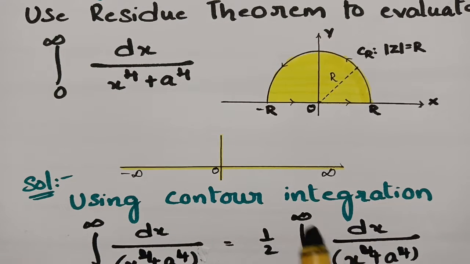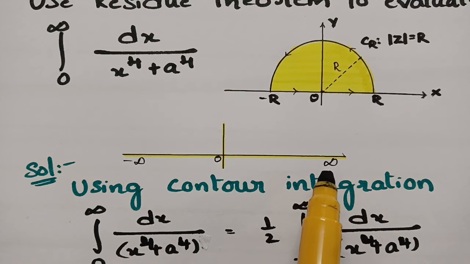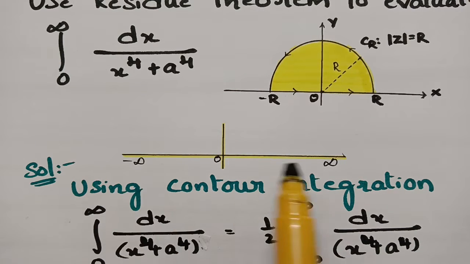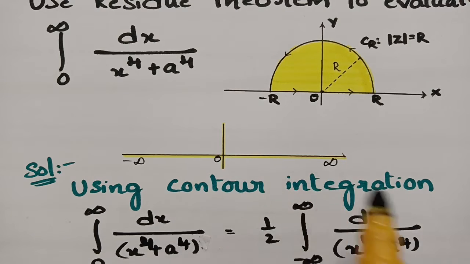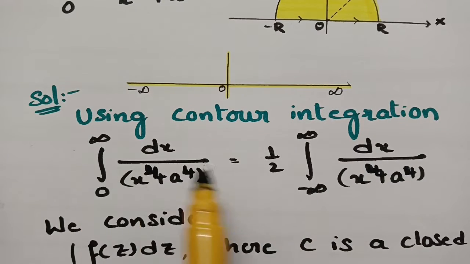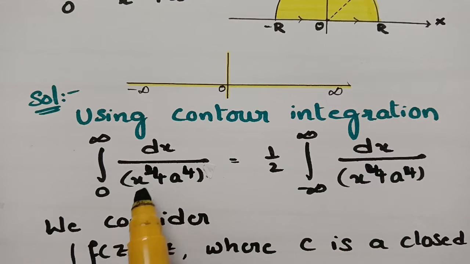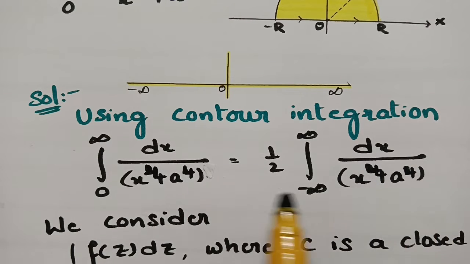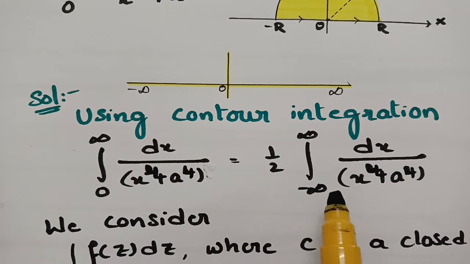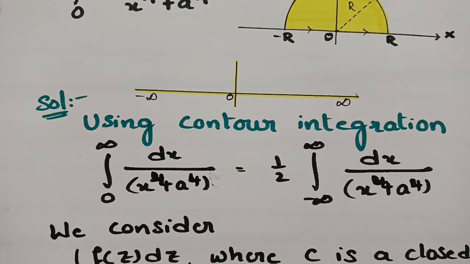So in order to calculate from 0 to infinity, I am going to write this as half times the integral from minus infinity to plus infinity of dx by x power 4 plus a power 4. First, I have changed this to minus infinity to plus infinity, as it is needed for contour integration.